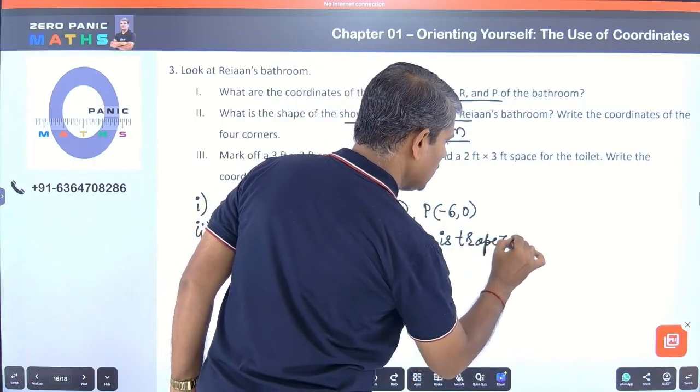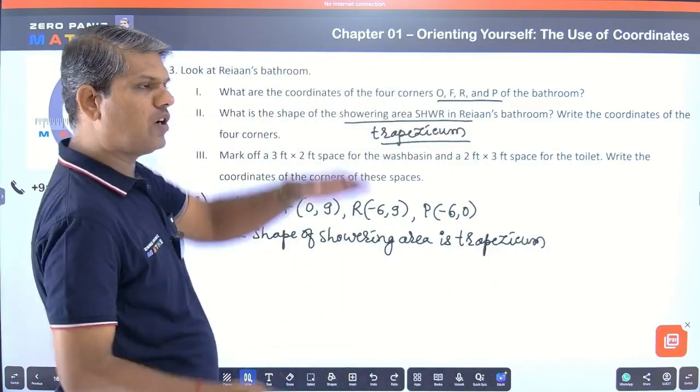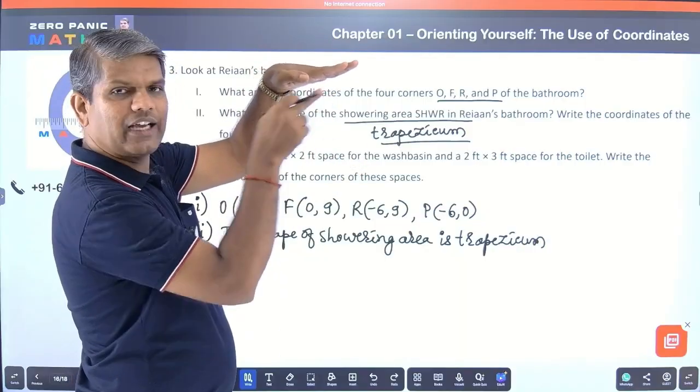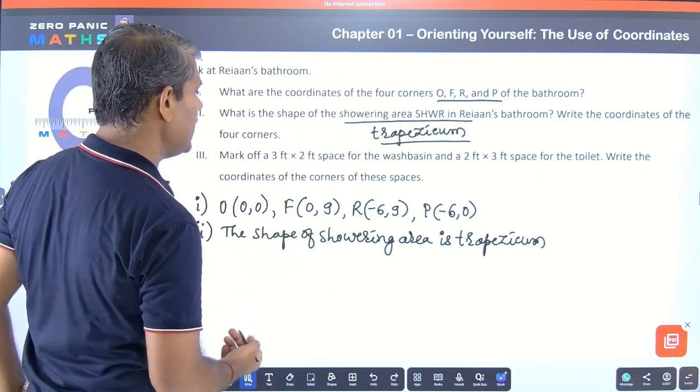If you want, you can write the reason for that also, because two sides of the figure are parallel to each other and the other two sides are non-parallel. So that's why it is a trapezium.